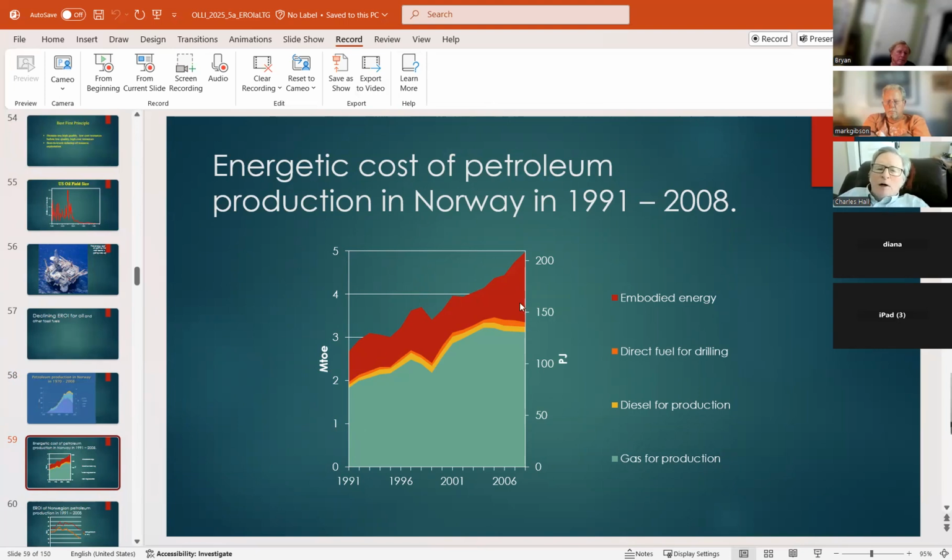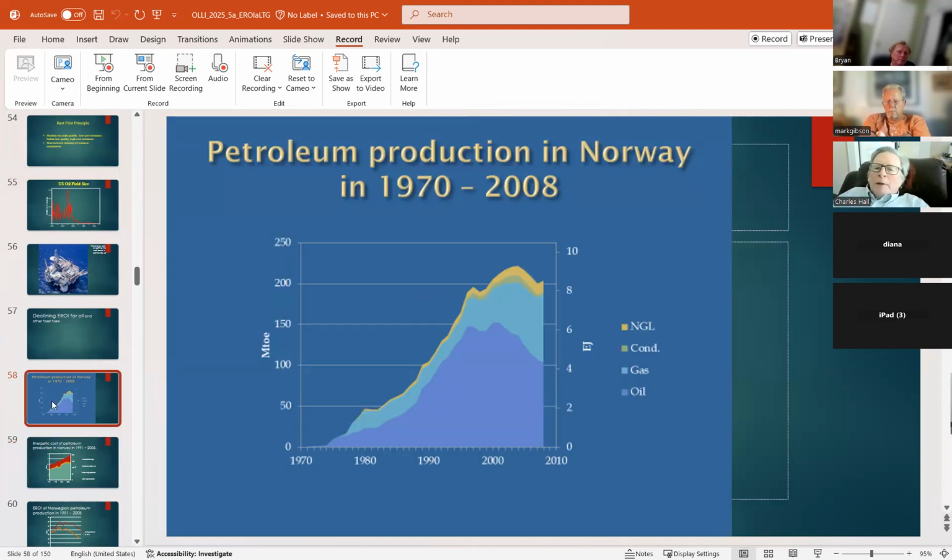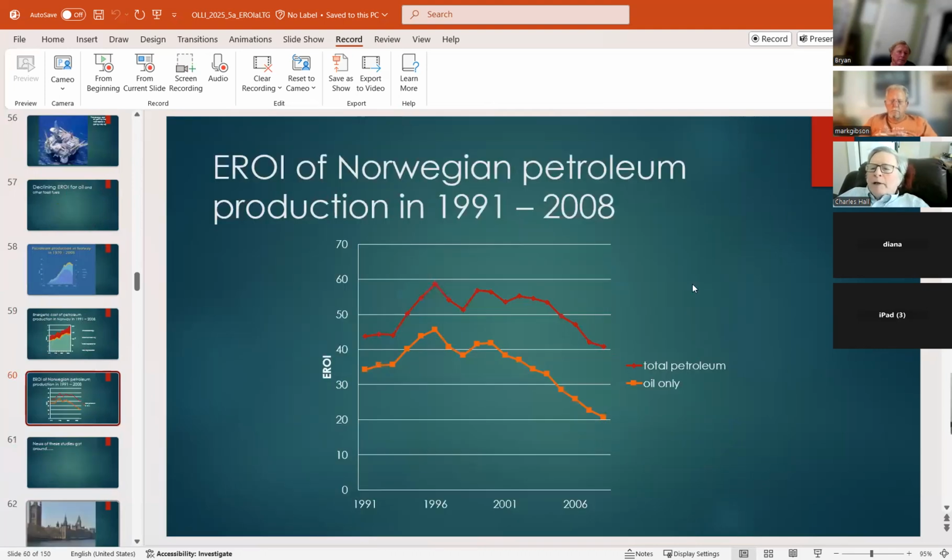So the energy cost is going up and the production has peaked. And so we get, for oil and gas, the energy return on investment for oil alone has gone from about 40 to 1 down to about 20 to 1. And we have further data that indicates it's continuing to go down, well, not quite as steep.